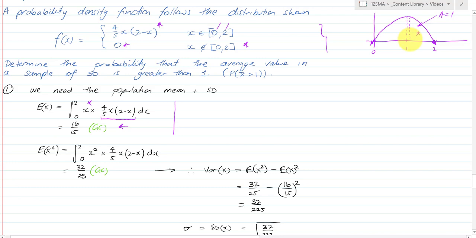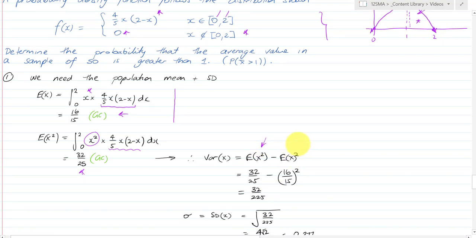Then the expected value of x squared is going to be part of the process of finding our variance. This is a really typical set of working out. To do the expected value of x squared, I just put in x squared instead of x, but my function remains the same. I get 32 over 25, but my variance is equal to E of x squared minus E of x, all squared, which gives me that variance.